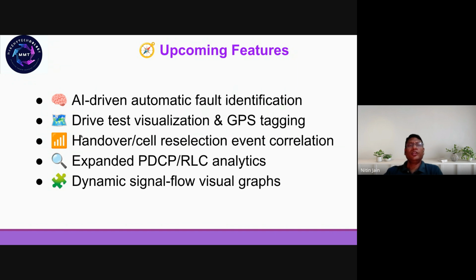Another interesting feature which is planned to be added is the drive test along with the GPS tagging, and then for mobility, handover and cell selection, reselection, event correlation to aid the developer in the field is also planned to be provided.